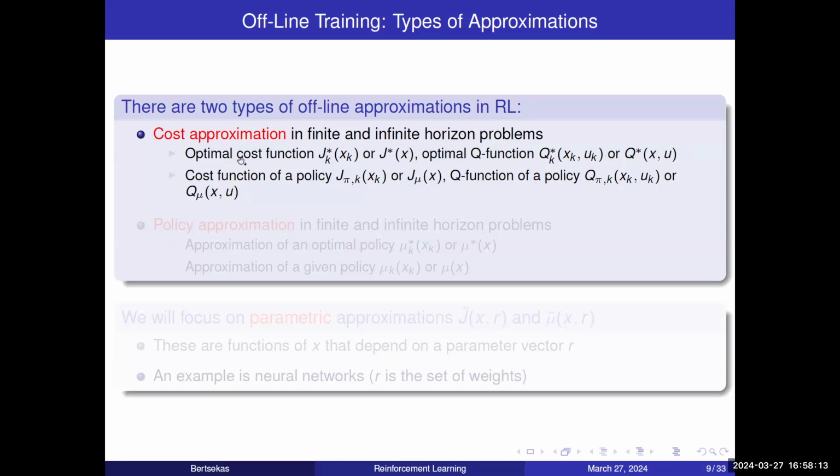Another type of object we may approximate is cost function of a policy, which is J pi or J mu of certain policy, or their respective Q function.